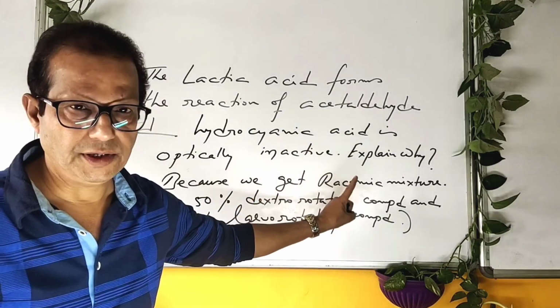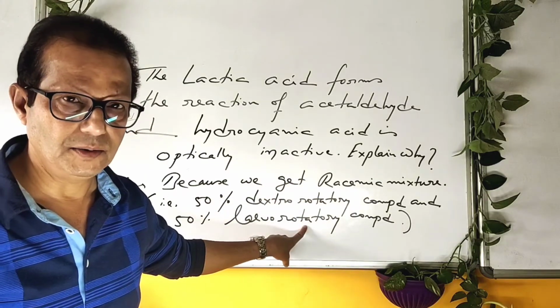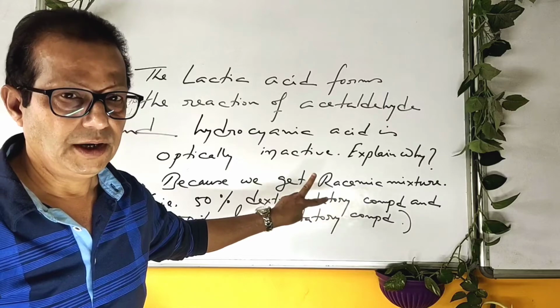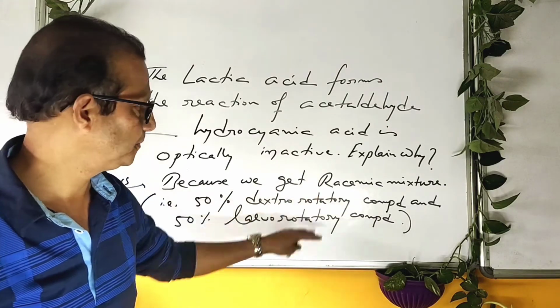The mixture contains 50% dextro and 50% levo. These are part of optical isomerism. In another class, I will clear optical isomerism, okay?